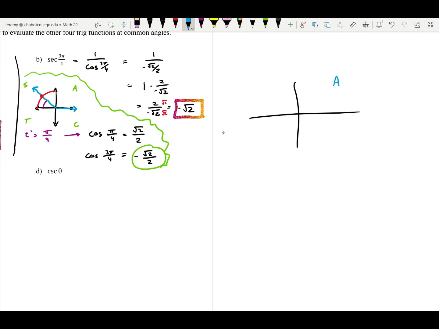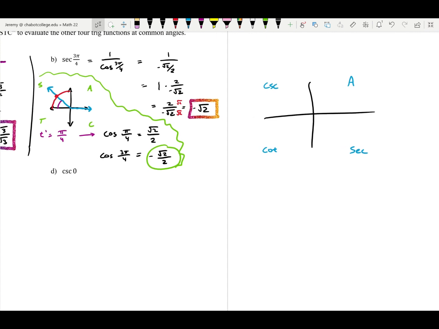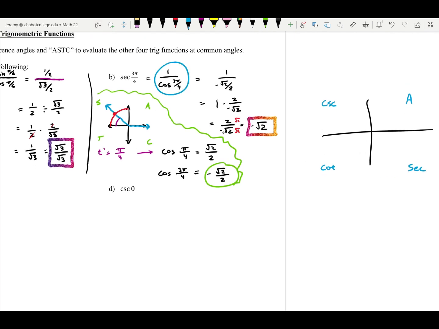Sine is positive over here, so cosecant will be positive over here. Tangent is positive in the third quadrant, so cotangent will be positive there. And secant will be positive in the fourth quadrant. So you could also think about it like this for finding the sign of these other three trig functions, but I prefer to express the problem in terms of a more familiar trig function like sine, cosine, or tangent.